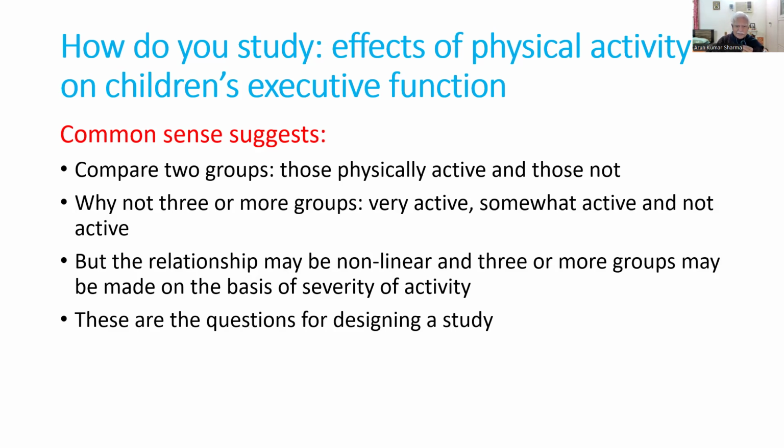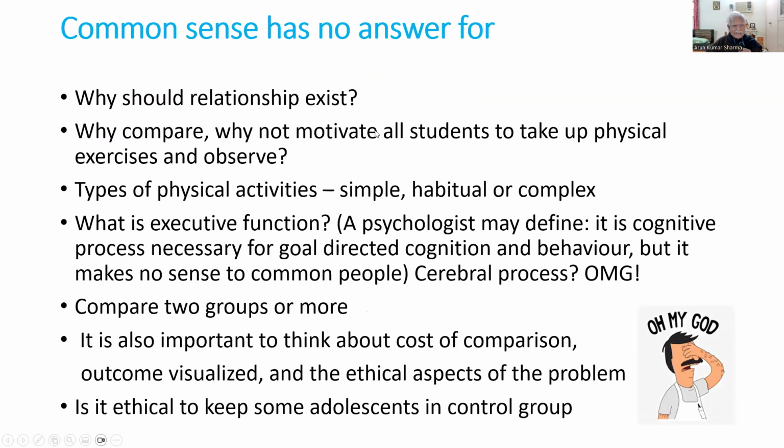But the relationship may be non-linear, and three or more groups may be made on the basis of severity of activity, and in some of the groups at some stage the cause may be removed, means those who are subjected to physical activity may be withdrawn from physically active group, or the nature of exercise may be changed, or severity of exercise may be changed. It may be raised, it may be lowered.